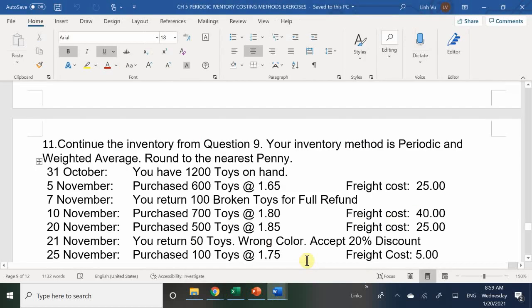So let's go ahead and look at the scenario here. On November 5th, we purchased 600 toys at $1.65 and a freight of $25.